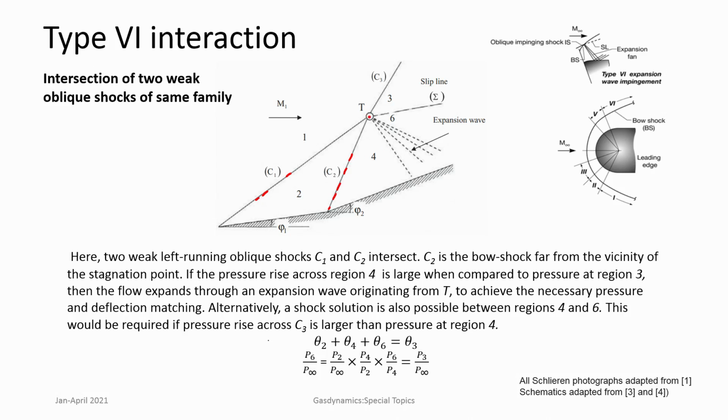Now what happens here is that if you take a streamline over here, it passes through 2 shocks, while a streamline up here passes through only 1 shock, and if you take the proper strengths, you find that the pressure in 4 is larger than the pressure in 3.